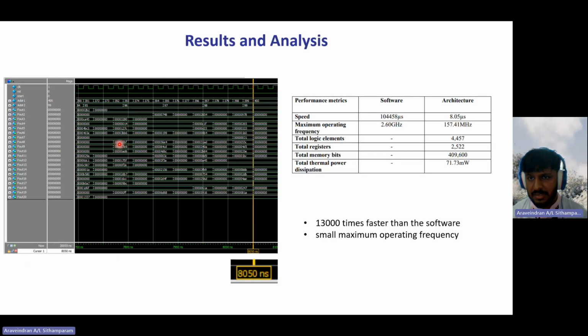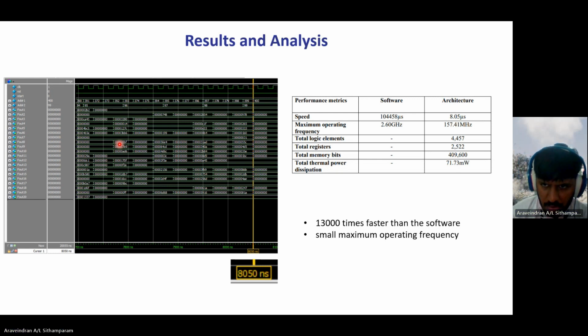So this is the result analysis. This is the third objective, which is benchmarking the performance between the software and the hardware. We can see here the architecture took around 8050 nanoseconds to finish its task. This is the whole part, which is for 20 data sets, each data set having 400 data.